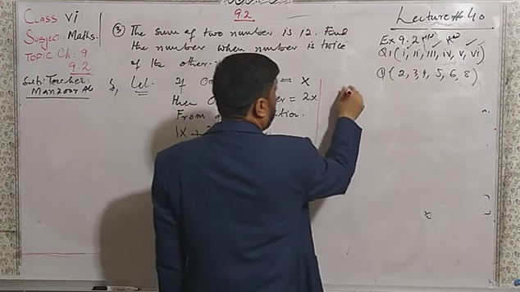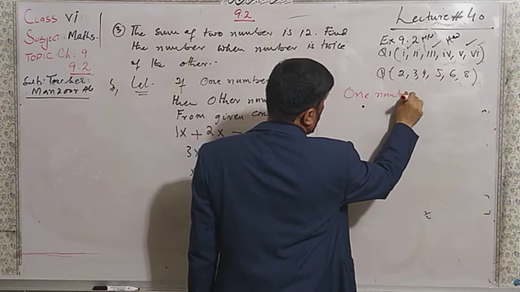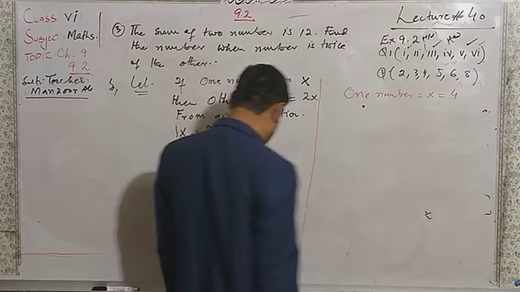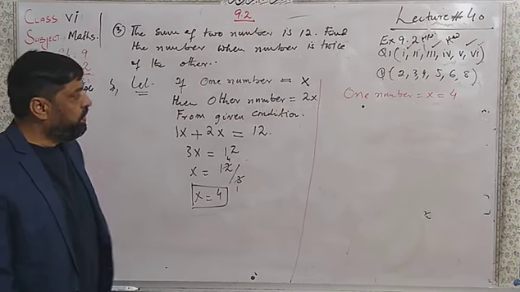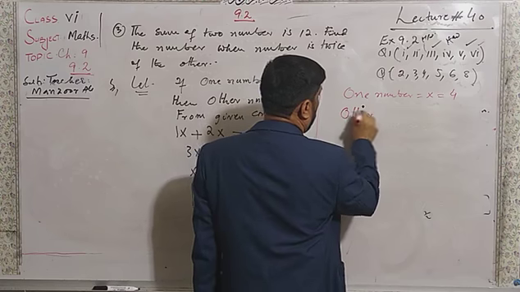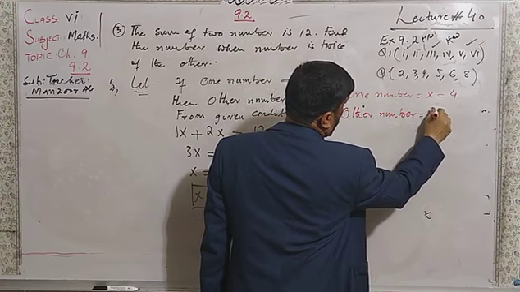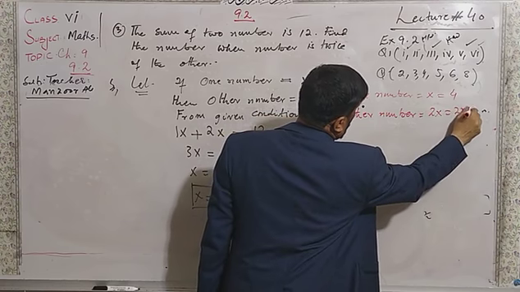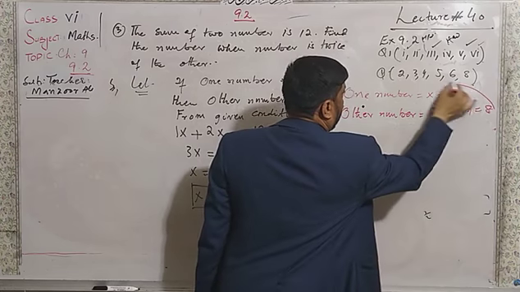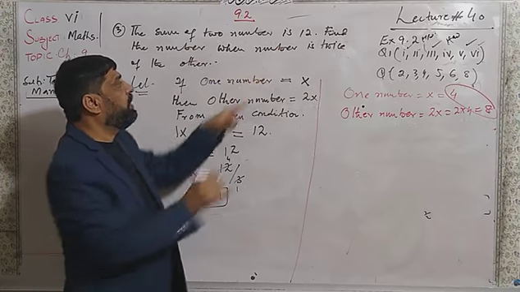One number is equal to x, that is equal to 4 because x is equal to 4. The other number is equal to 2x, equal to 2 multiplied by 4, and then it will be equal to 8. Now you can check: 4 plus 8 is equal to what? 12.